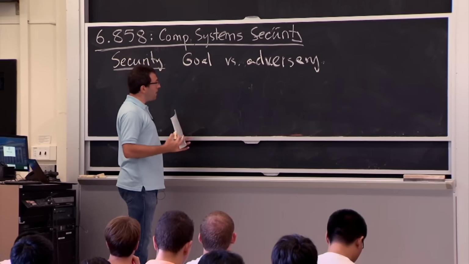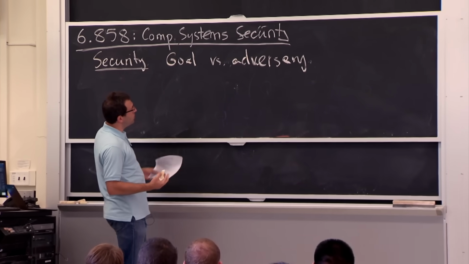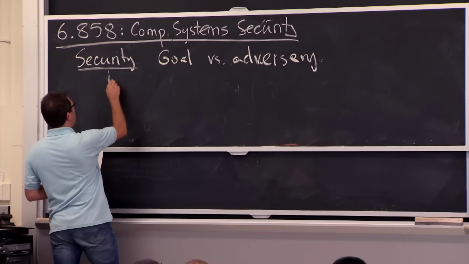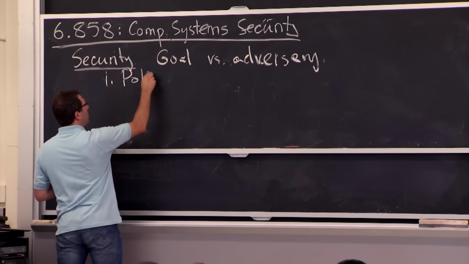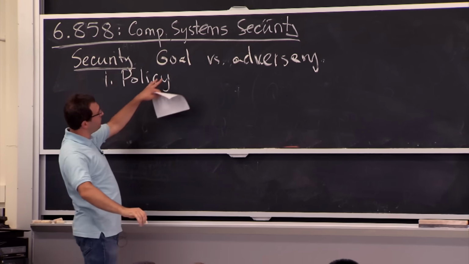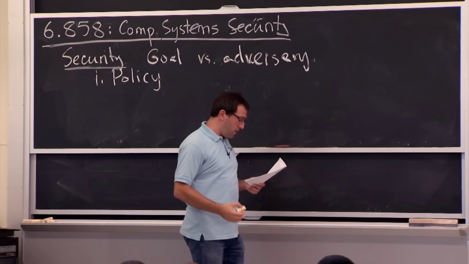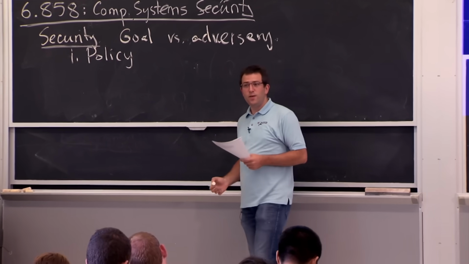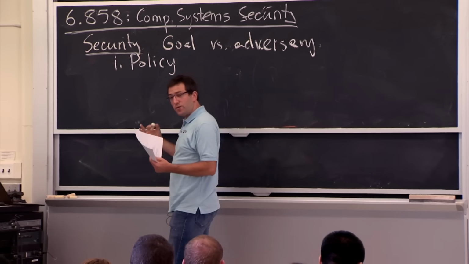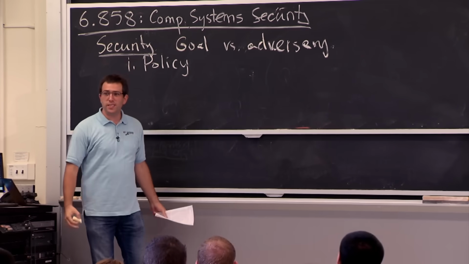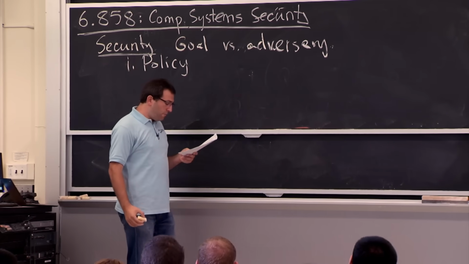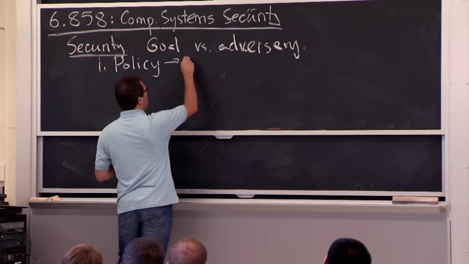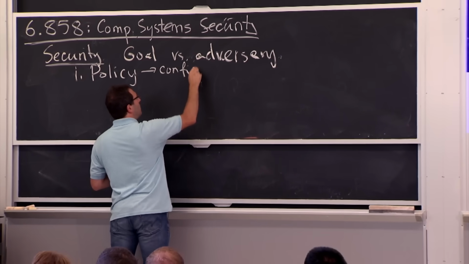And the general way to think about security is to break it up into three parts. One part is roughly the policy that you want your system to enforce. This is roughly the goal that you want to achieve. Like, maybe only I should be able to read the grades file for 6858. Or maybe the TAs as well, and all the co-lecturers, et cetera. But there's some statement about what I want my system to be able to do. Typical policies have to do with confidentiality of data.